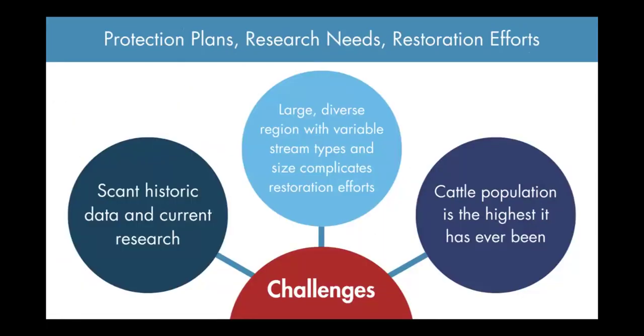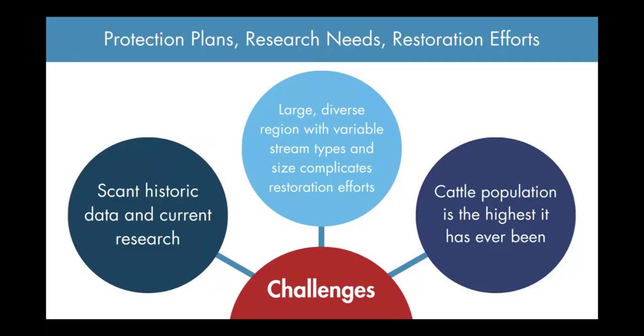So, when it comes to restoring and protecting this region, scant historic data and increasing current research is a major challenge. Several hydrographic units have minimal information available, especially in the central basins. The processes that create riparian and stream habitats in this region are not well understood due to this lack of research. Another challenge is that the cattle population in this area is higher than ever, meaning improved rangeland management is crucial.